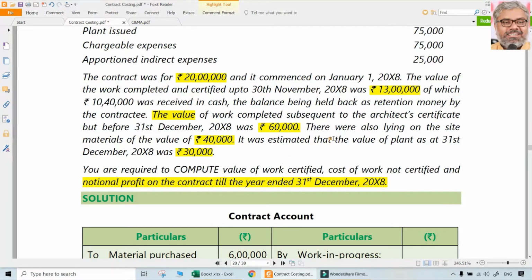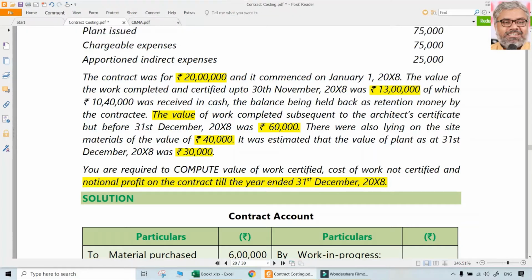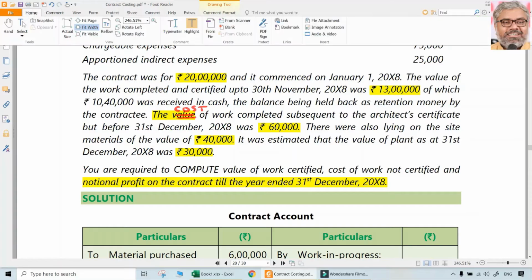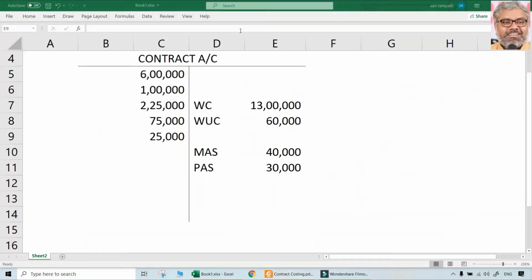So 60,000 rupees is the cost. Change this, not value, it is the cost of the work completed but not yet certified. That is the cost of the work uncertified. That's all, everything we have.